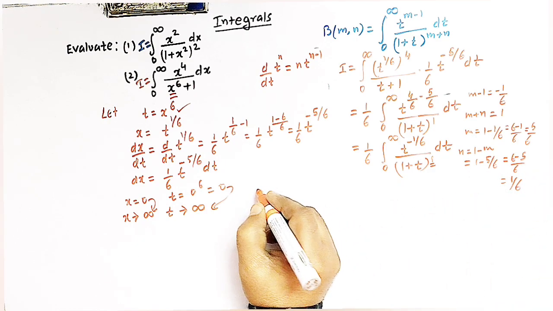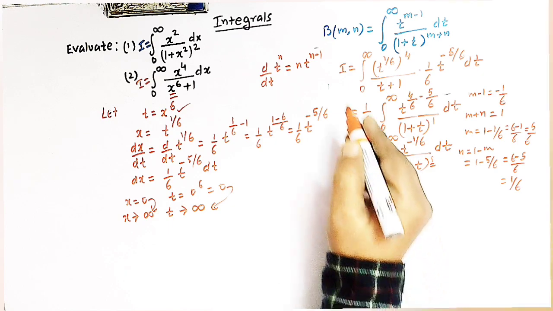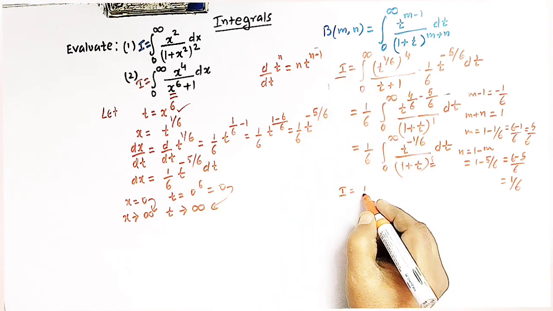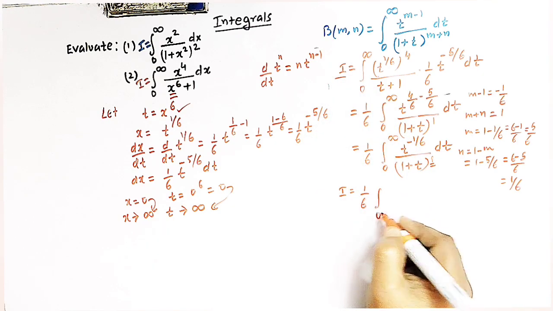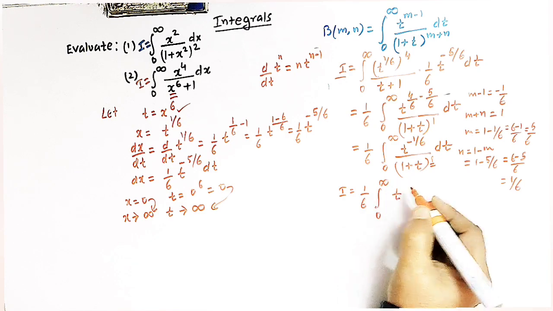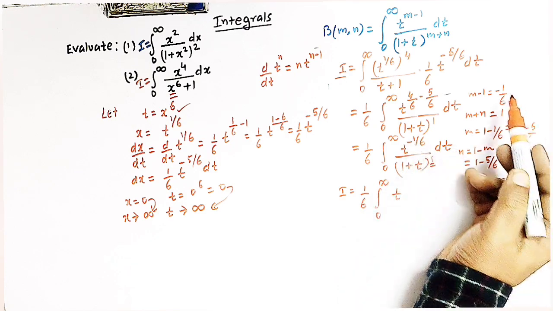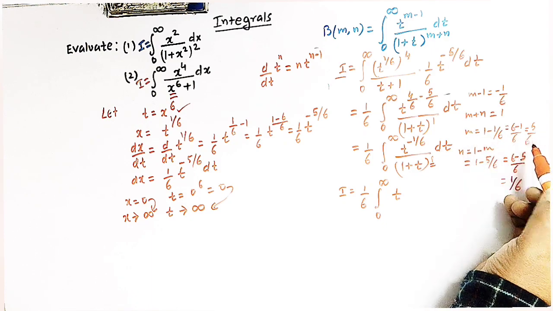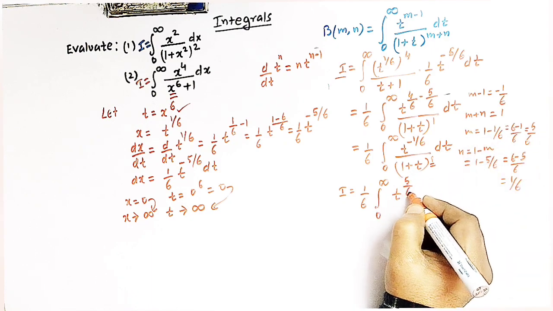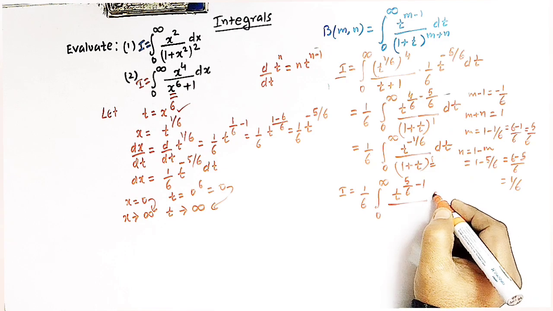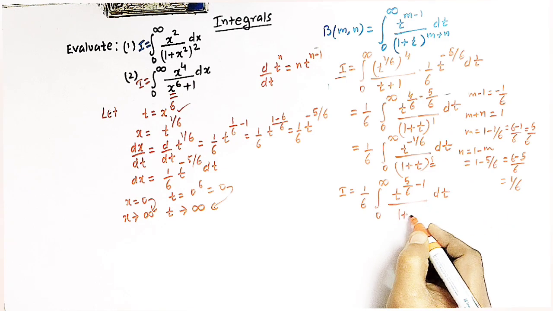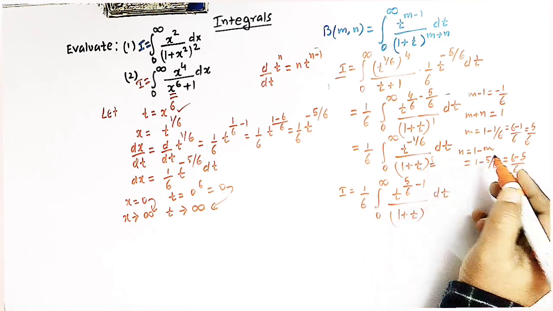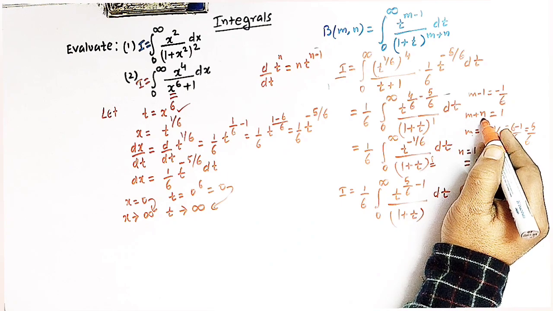So now we can write this integral I as 1 over 6. We have 0 to infinity, and t raised to minus 1 over 6 is m minus 1, and m is 5 over 6. So we can write 5 over 6 minus 1. Here we have dt, and 1 plus t raised to 1. 1 is m plus n, right?